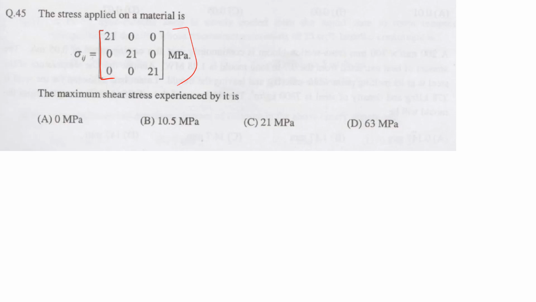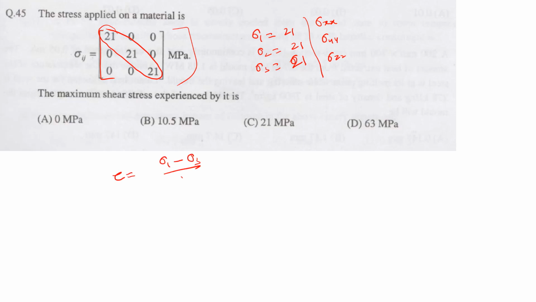So you can consider these 3 values as the principal values: sigma 1 is equal to 21, sigma 2 is equal to 21, sigma 3 is equal to 21, right? We assume them as sigma xx, sigma yy and sigma zz, but since the other values are 0, we can consider this as principal stress. So tau max is nothing but sigma 1 minus sigma 3 by 2, so it will be 0, right.